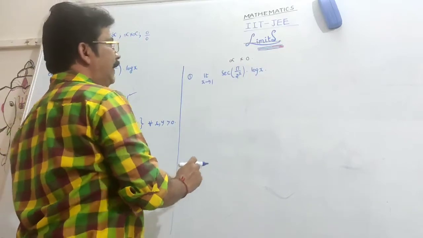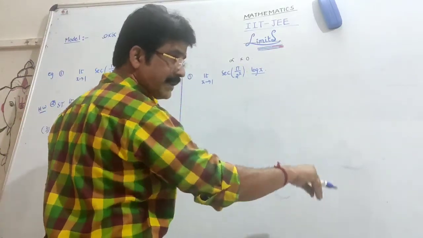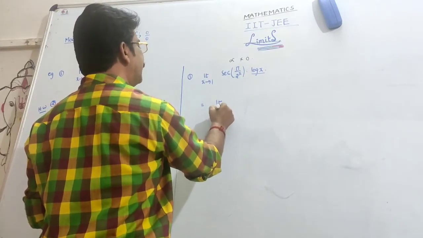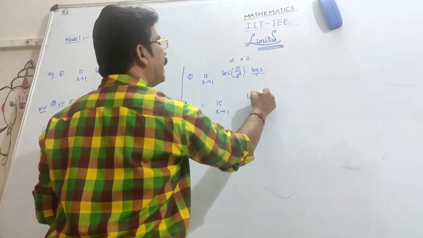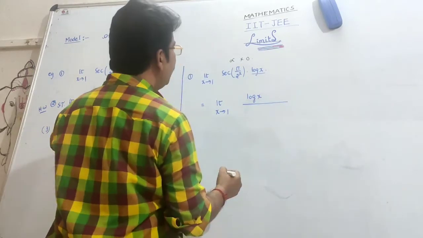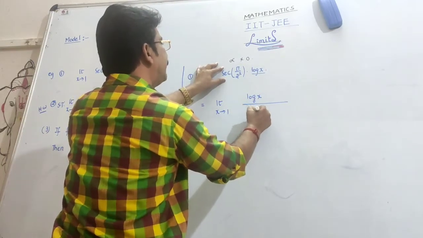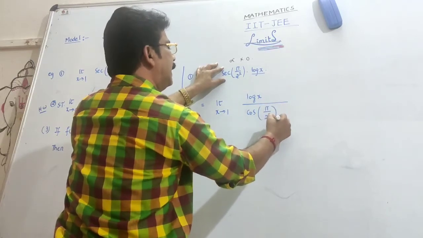So therefore it goes to the infinity into 0 form. We cannot write this log x as 1 divided by just like that. So it is limit x tends to 1, keep log x the same, divided by secant, which can be written as 1 by cos, of cos of (pi by 2) power x.